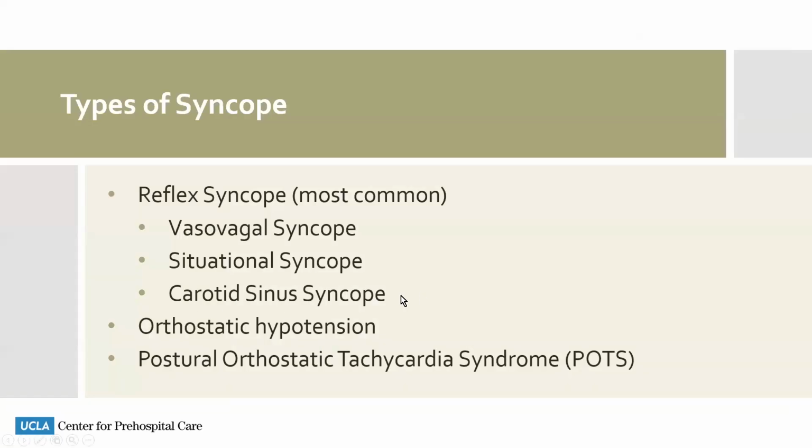So a carotid sinus syncope. What happens, and you remember this, I told you there were baroreceptors in your carotids, those tiny pieces of tissue that sense pressure, right? So what can happen?